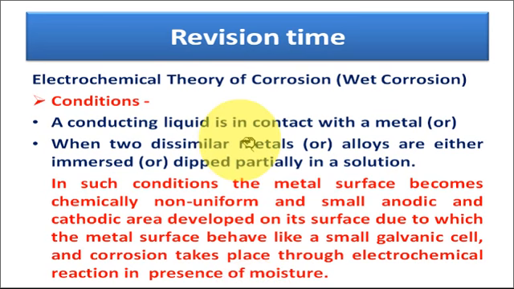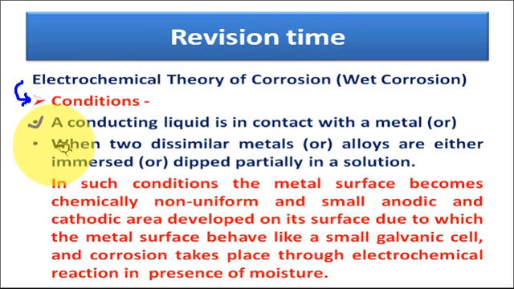Okay, so it is revision time now. What have we discussed today? Today we have discussed the most widely accepted theory for explanation of corrosion, that is the electrochemical theory, which is also known as the wet corrosion theory. According to this theory, corrosion of metal takes place under either of two conditions.